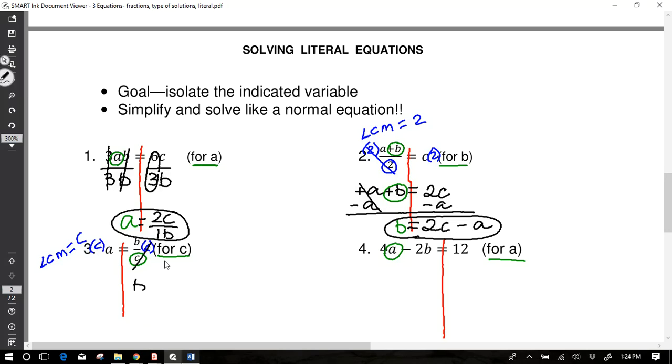Now on this side, I'm only left with a B, and on this side, I'm left with a C times A.